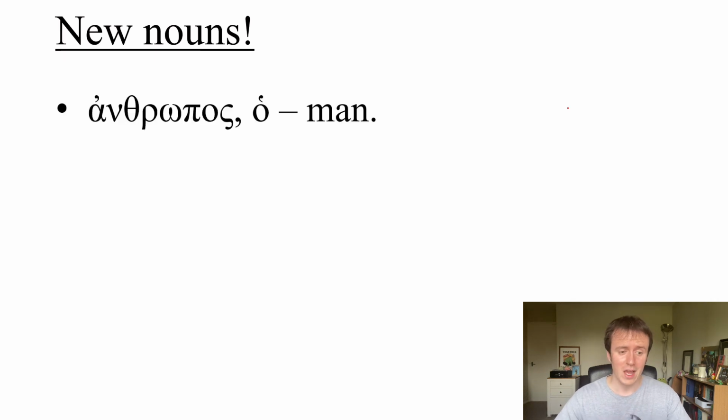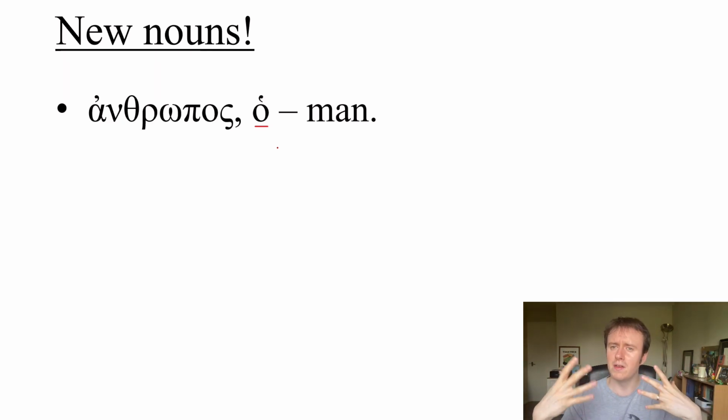The first one is anthropos, which means man. And you can see that it's masculine because of the ho. There is a feminine form of this noun as well, but for now, when you see anthropos, it will be masculine. And it means man. Now it doesn't mean man in the sense of a male.